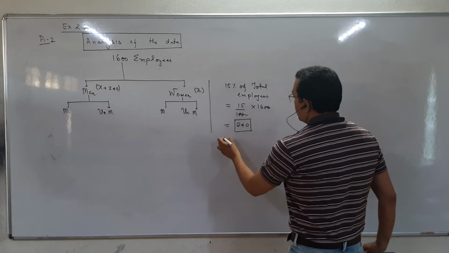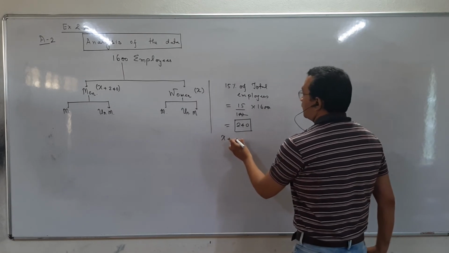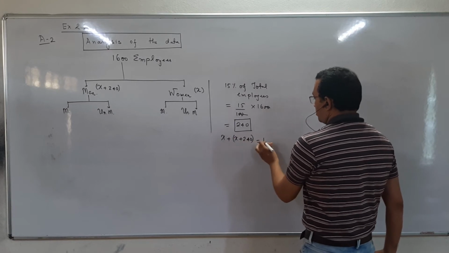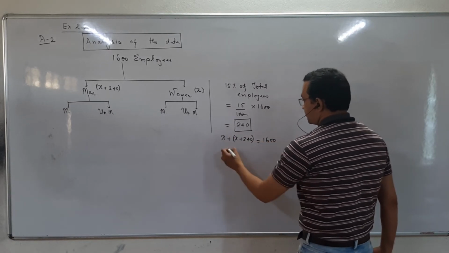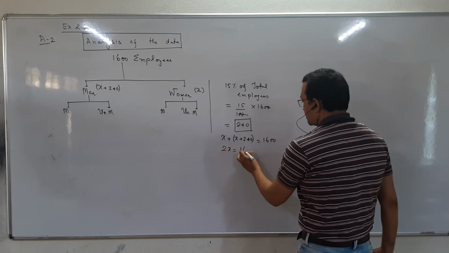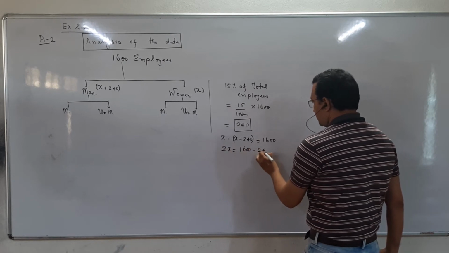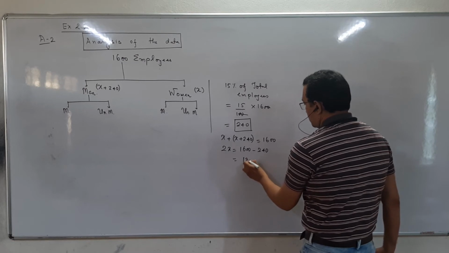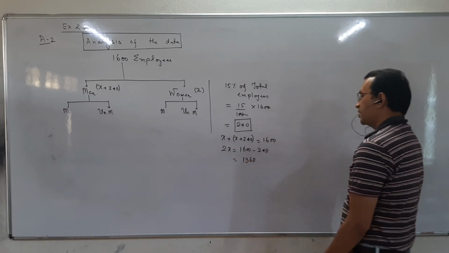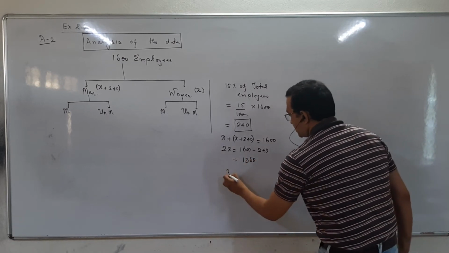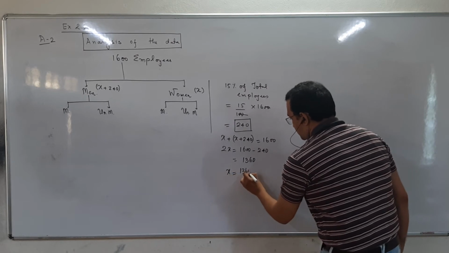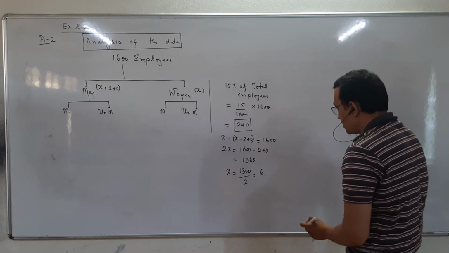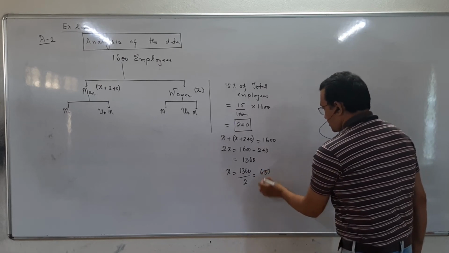If I add X number of women and X plus 240 number of men, total is 1600. So 2X is equal to 1600 minus 240, so this is equal to 1360. So X will be 1360 divided by 2, which is 680.